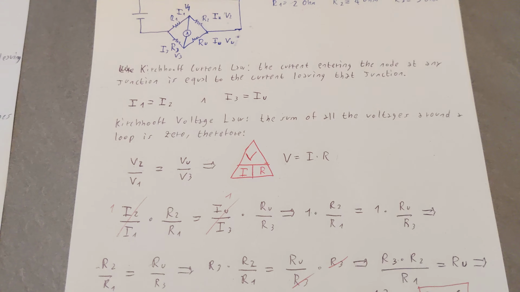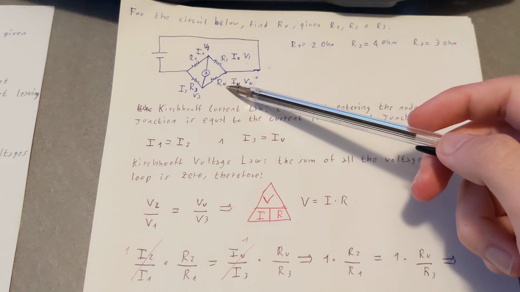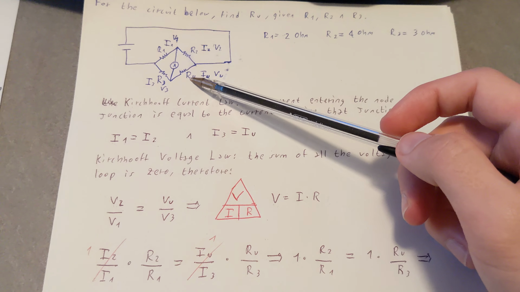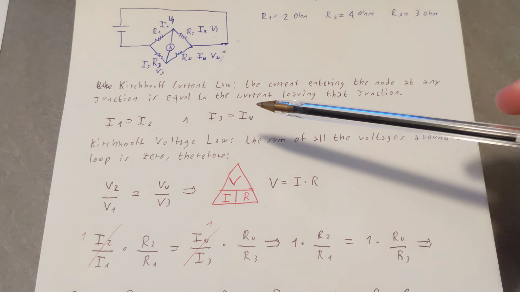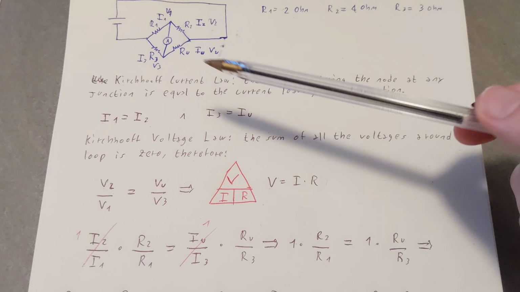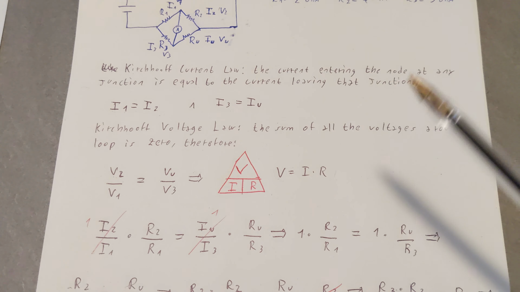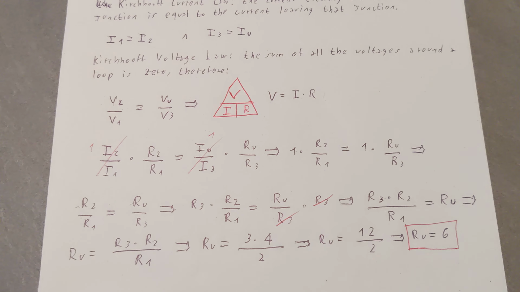You don't need anything advanced to find the value for a resistance in a Wheatstone Bridge, because you are just going to use the Kirchhoff first law, so the KCL, Kirchhoff second law, KVL, and then Ohm's law. So it's fairly easy.